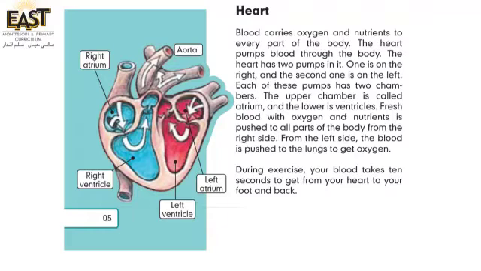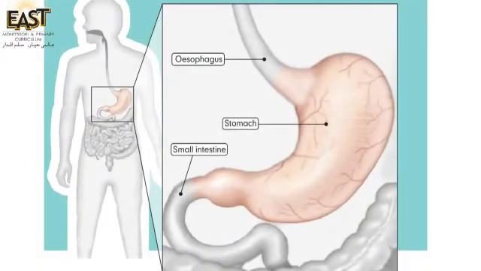On the left side you get the deoxygenated blood, which means the blood that does not have oxygen, and on the right side you have the blood that has oxygen.